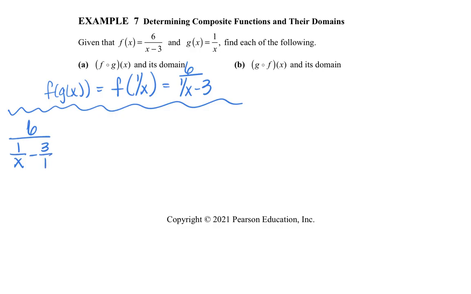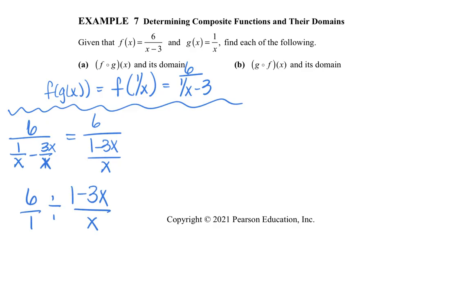I want to make my denominator one term and not two terms. So I need to multiply the top and the bottom by x so that my denominator is the same. So now I have 6 divided by 1 minus 3x over x. Now this says 6 over 1 divided by 1 minus 3x over x.